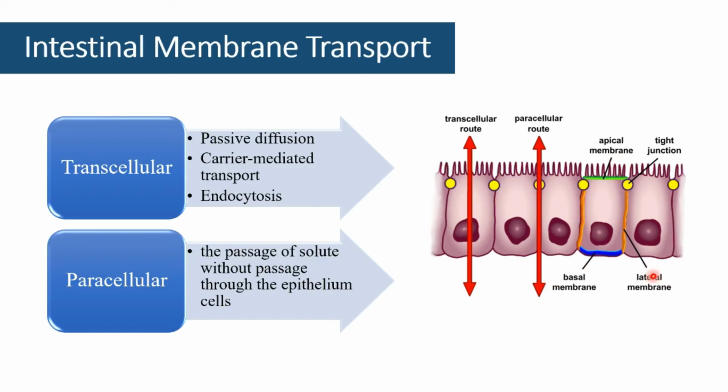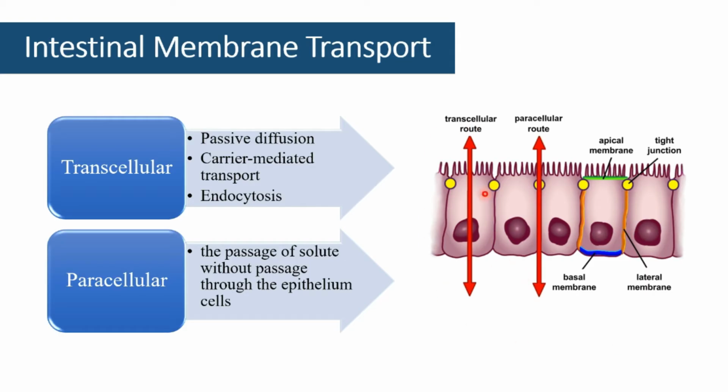While here, this is the basolateral membrane, the basal membrane and lateral membrane together. The basolateral membrane is the membrane that faces the blood circulation. So this is the membrane, and this is the apical membrane. Here is the intestinal lumen, and then here is the blood circulation.